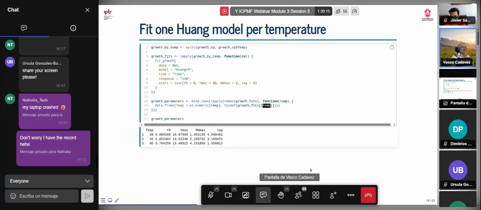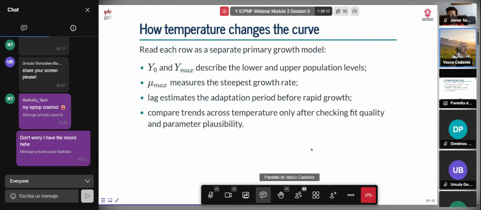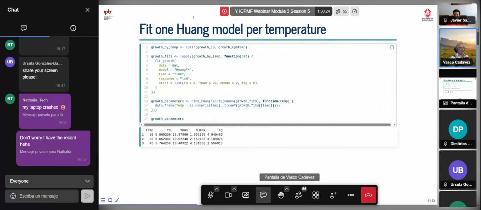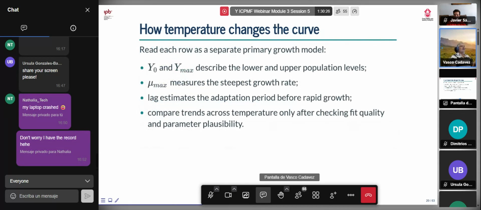So this is the data frame that you can see. This is the first example of how you can fit a grow model, and you see that the temperature can affect the grow curves. It's obvious.